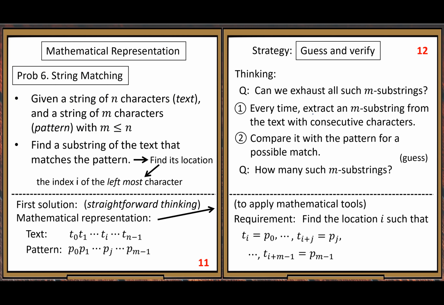Anyone has an idea? Just make a guess. The guess is not necessarily correct, but we want it as close as possible to the answer. That's a good guess. Anyone wants to make a guess here?